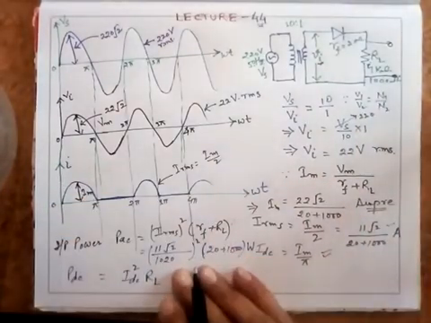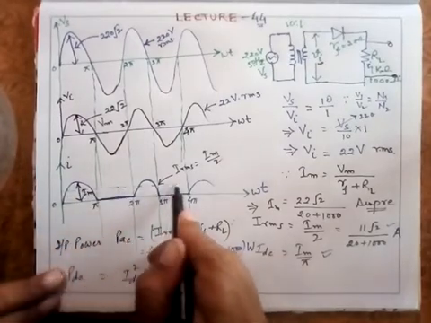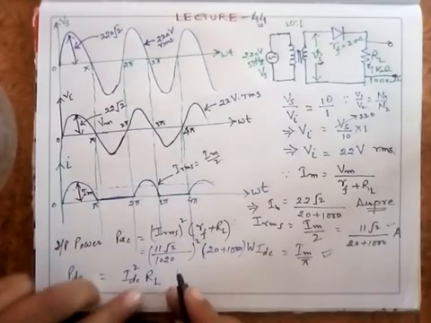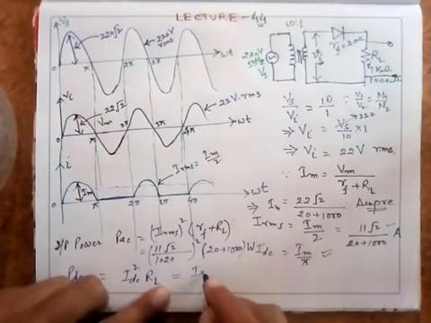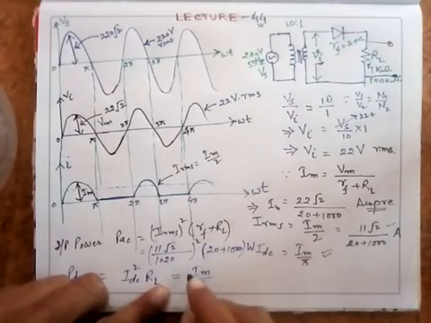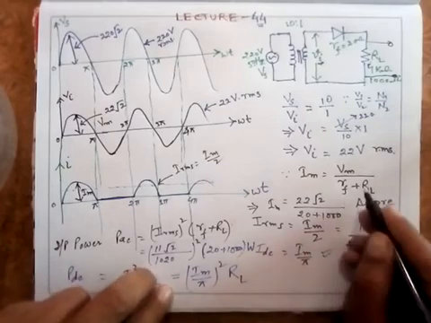Output we say which is having only DC component. We are interested in that power which has the average DC power. This is the average value I told you, IDC or I average, it is the same thing. So it is equal to this much. IDC, that is Im by pi. IDC is Im by pi whole square into RL, where Im is equal to this much.